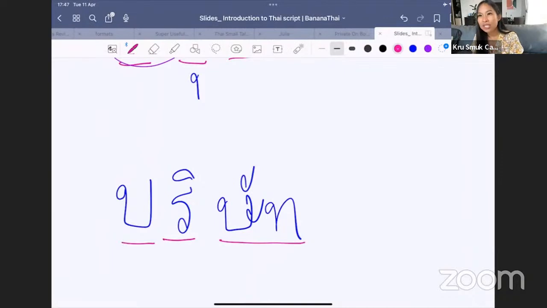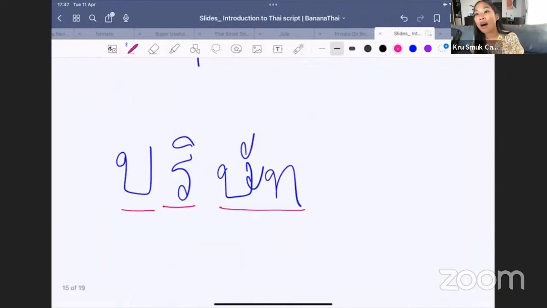I can only explain when I show you examples of words, and I can tell you, okay, this is hidden sara a and this is hidden o. However, there is no certain rule to really define it, unless you remember the pattern.